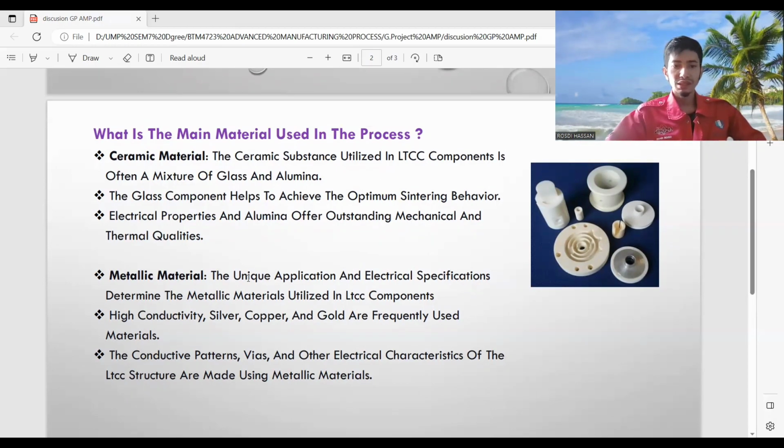Metallic material. The technical application and electrical requirements determine the metallic material used in LTCC components. High conductivity silver, copper, and gold are used. The conductor pattern, vias, and electrical characteristics of the LTCC structure determine the metallic material used.